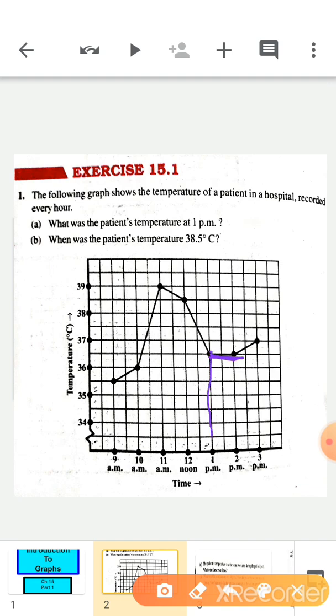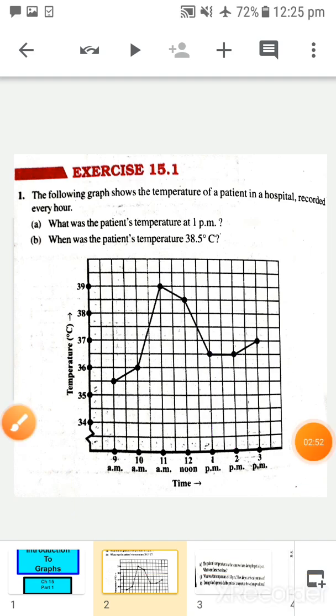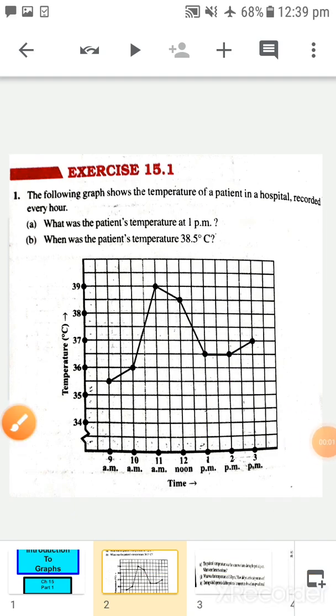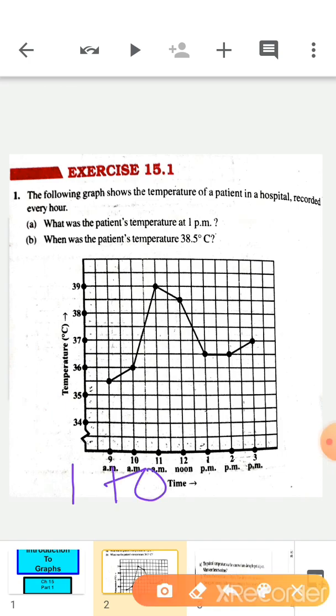Move toward the downward direction, it means both points are touching at 1 and 2. So between 1 to 2 p.m. temperature is constant, that means the same temperature is there.